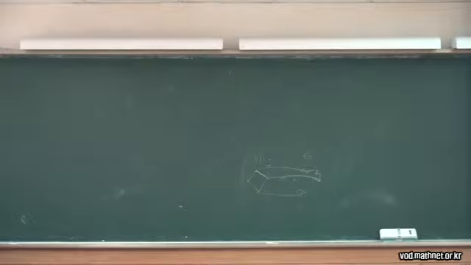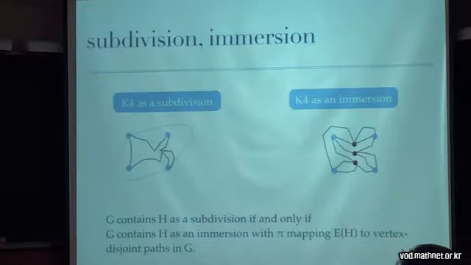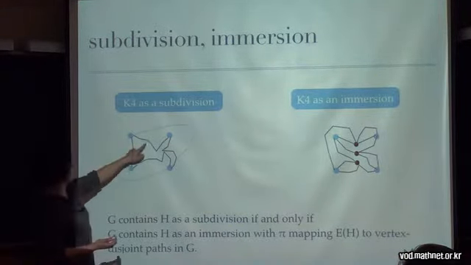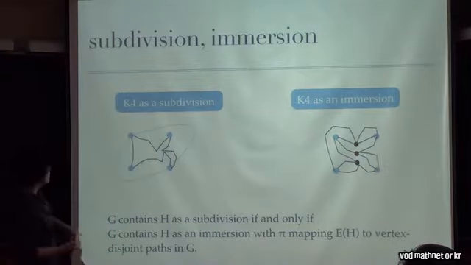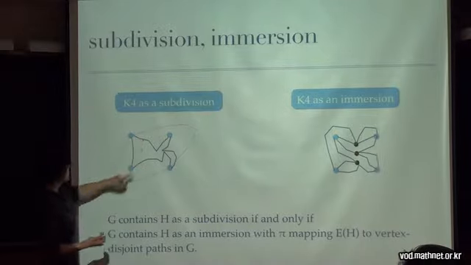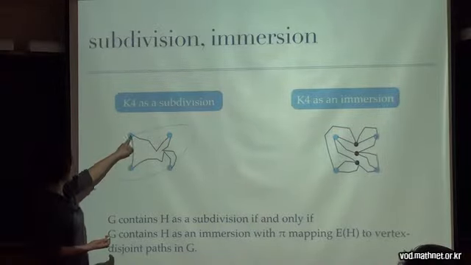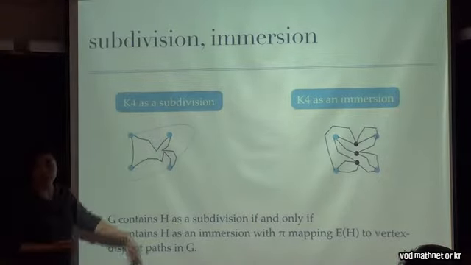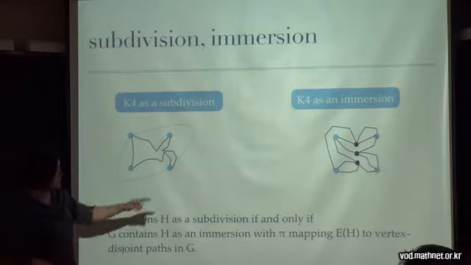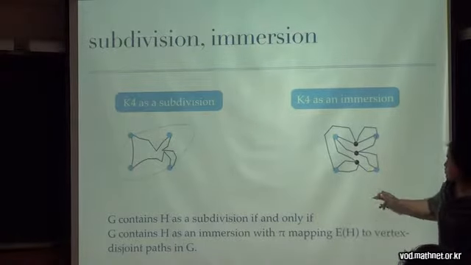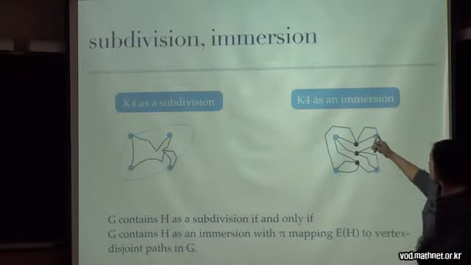Okay, let's compare it with the subdivision. So K4 as a subdivision, you can consider it as a graph where you forget some subdividing vertices. So subdivision looks like this. The paths that connect the images of the vertices of H should be all vertex disjoint. In contrast, K4 as an immersion, again the images of the edges of H are paths.